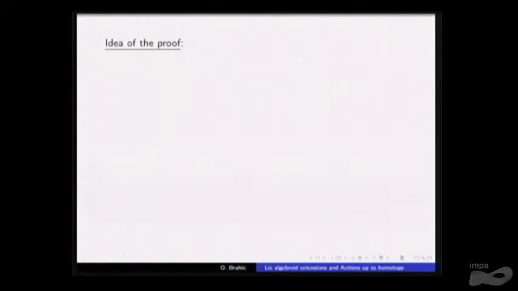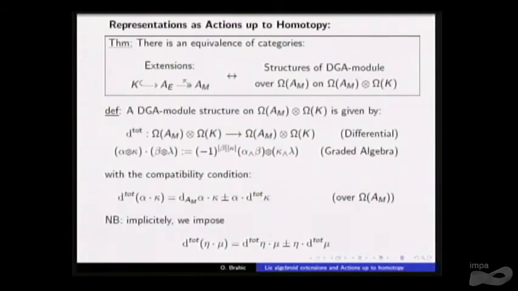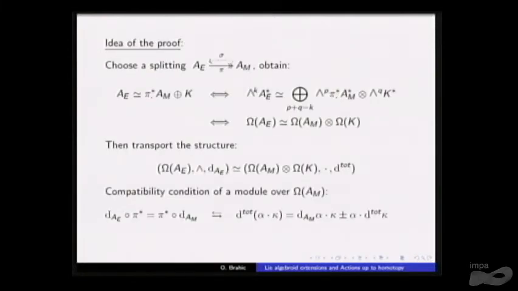So the work is to check that this d dot, as it is transported from a DGA, gives the same graded algebra, that d dot is just obtained by transport, and that you have this compatibility condition. But for the compatibility condition, how do I multiply an element in omega of A with one in K? Essentially up to this isomorphism.